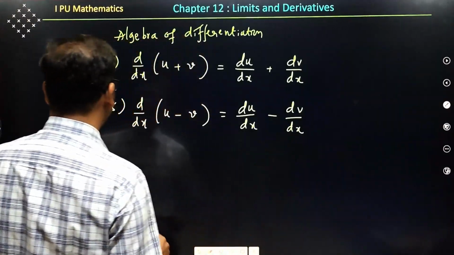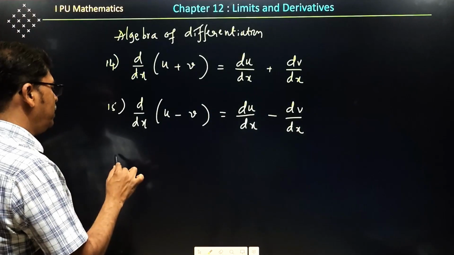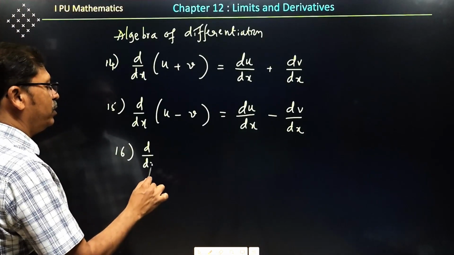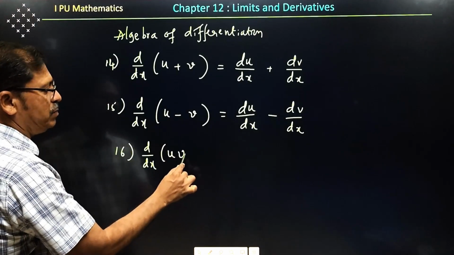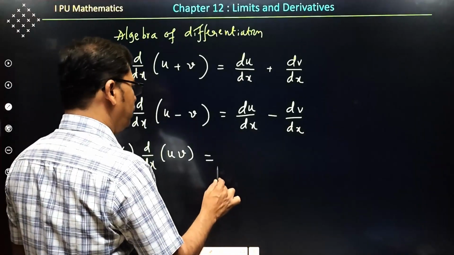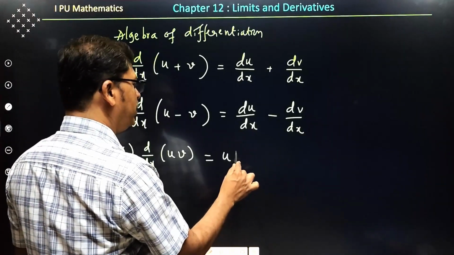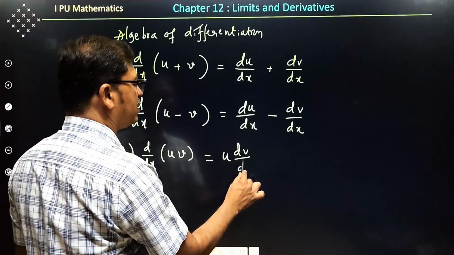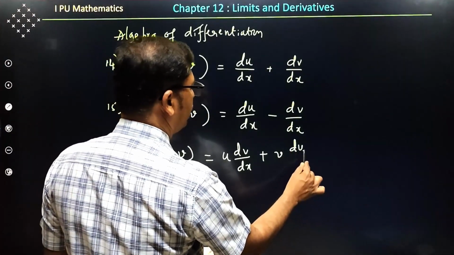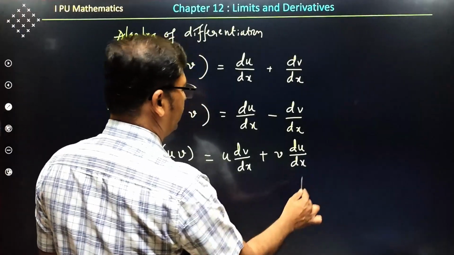Then the 16th one: d by dx of uv, where u is the first function and v is the second function. You take the first function u into the differentiation of the second function, dv by dx, plus the second function v into the differentiation of the first function, du by dx.